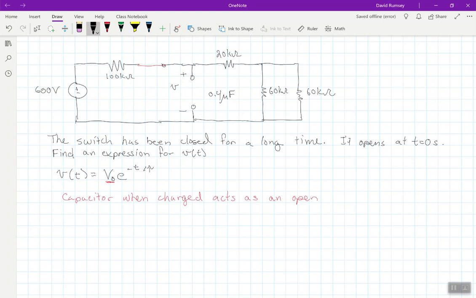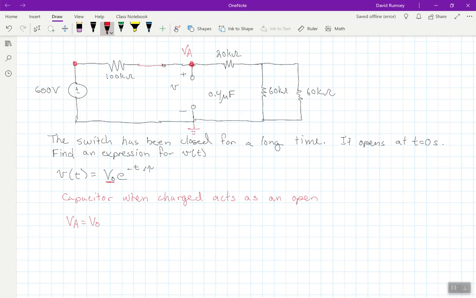And this voltage right here, I'll label this voltage VA. That's the voltage across that capacitor because the bottom is connected to ground. So VA is my initial voltage.